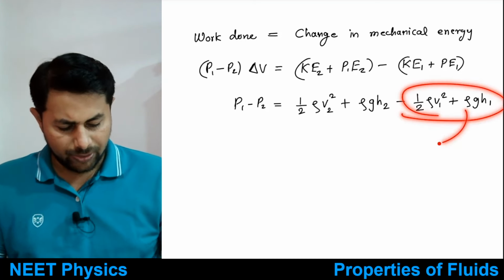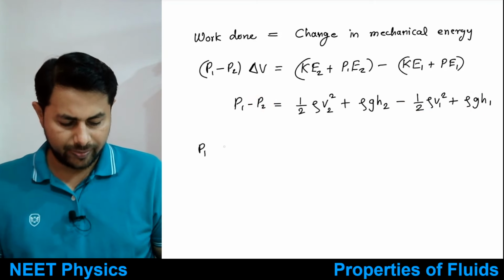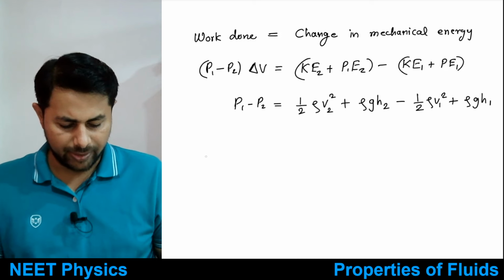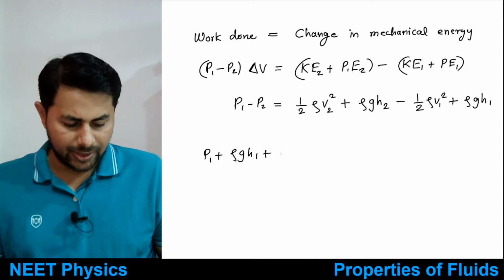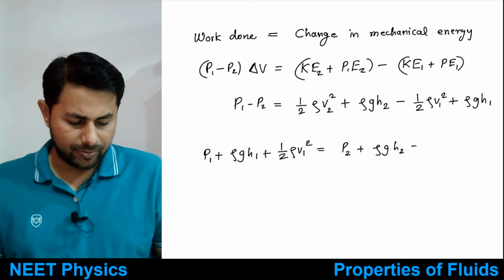And then I will move this thing to this side and P2 to that side. So I get P1 plus rho g h1 plus half of rho times v1 square is equal to P2 plus rho g h2 plus half of rho times v2 square.